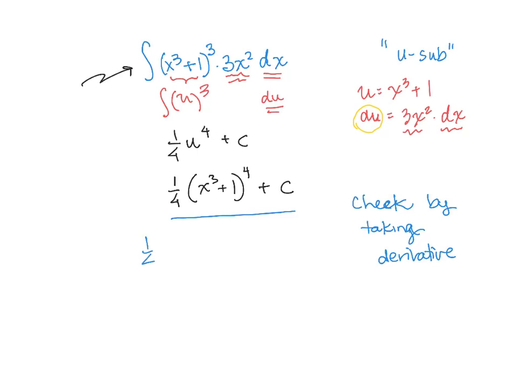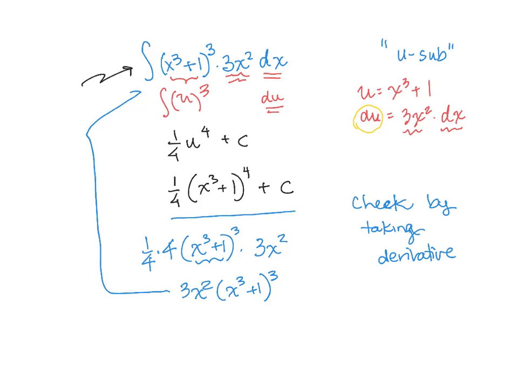That gives me 1/4 times, power rule, 4 times x cubed plus 1 to the third power. The derivative of c is 0. And then the derivative of the inside piece by chain rule is 3x squared. Simplifying, I get 3x squared times x cubed plus 1 to the third power. And lo and behold, up here, that's exactly what we started with.